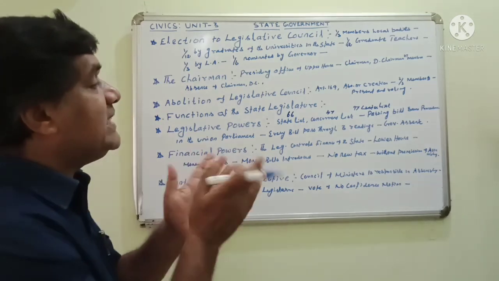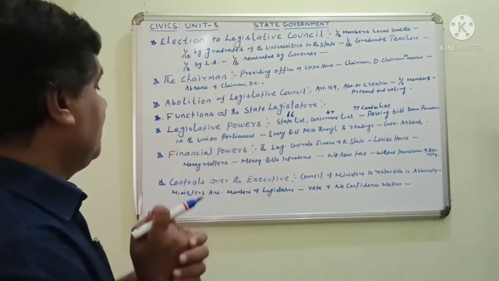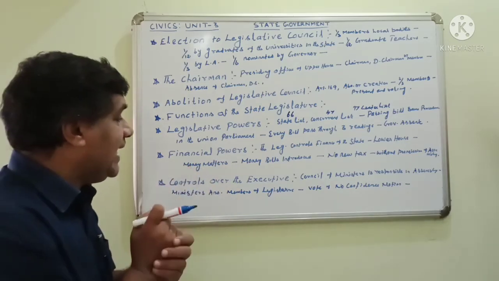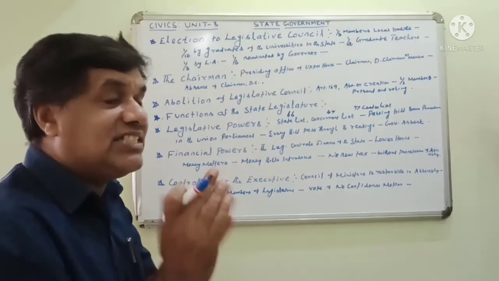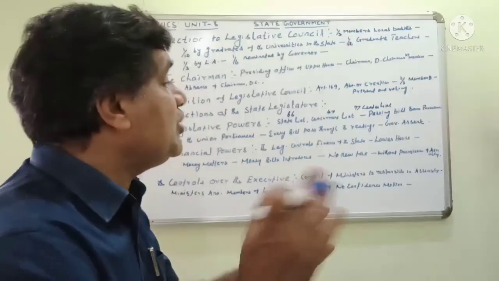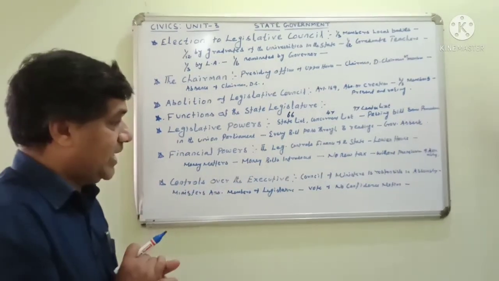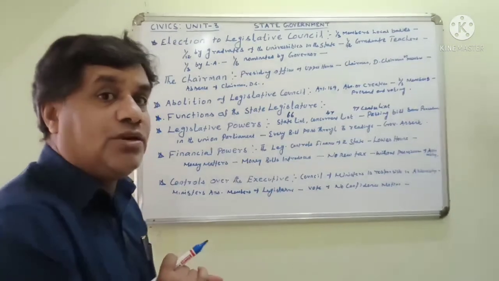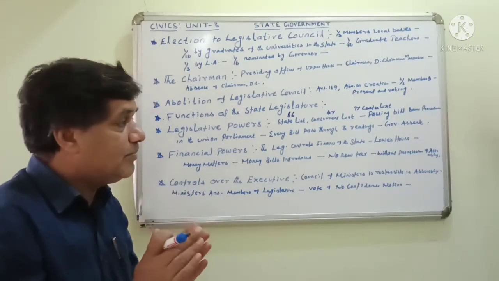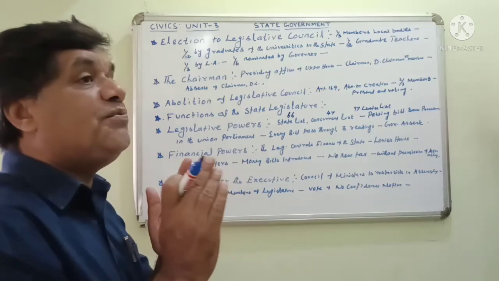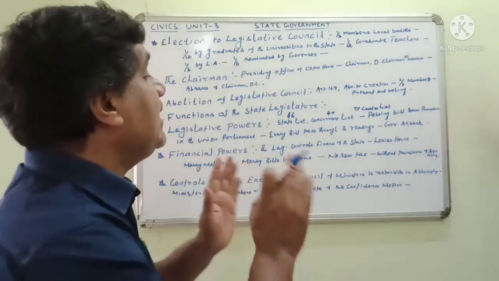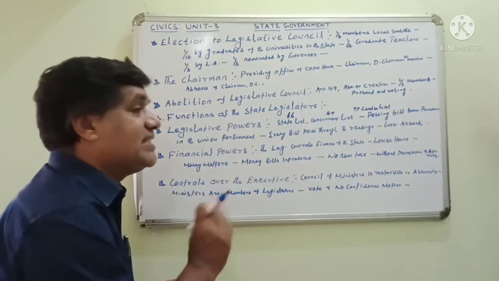If the members of the legislature ask any question, the Council of Ministers is responsible to answer the questions. If the no confidence motion is passed, the entire ministry will be resigned.